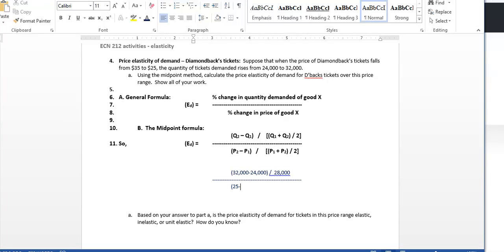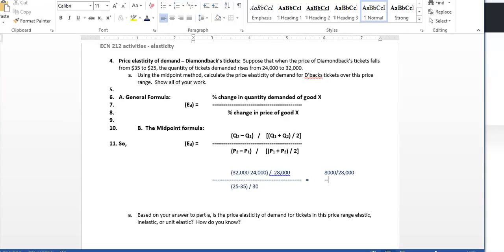P2, 25 minus 35. And then divide by the average price, which is going to be 30. Add 25 and 35, 60, divide by 2, 30. Or just, again, the midpoint, halfway between 25 and 35, that's 30. All right, so there's our numbers. Let's go ahead and simplify that a little bit. On top, we've got 8,000 over 28,000.